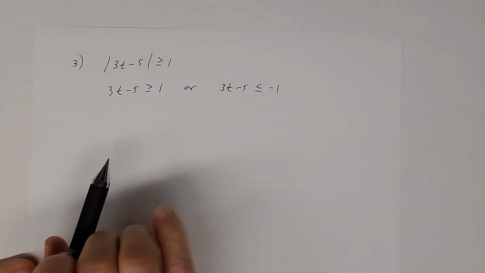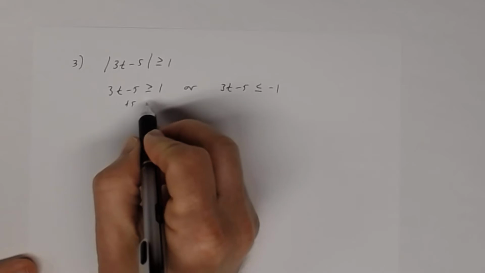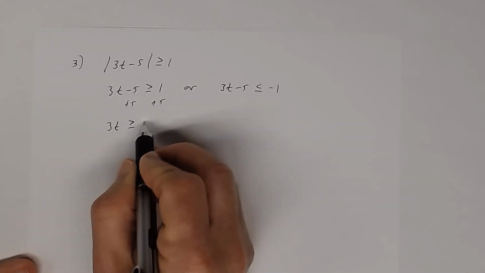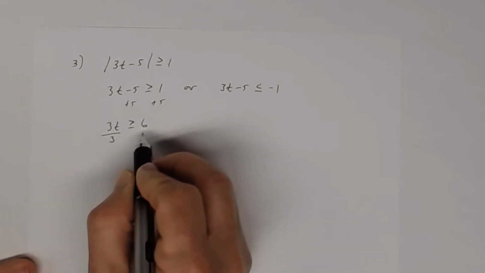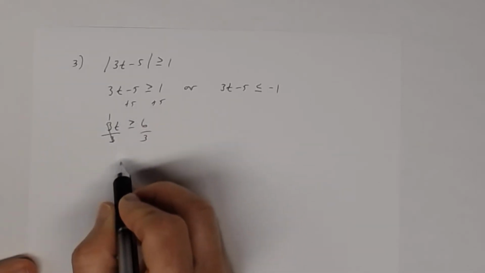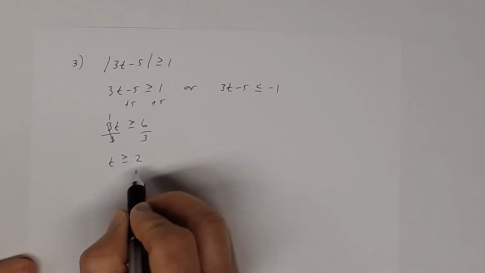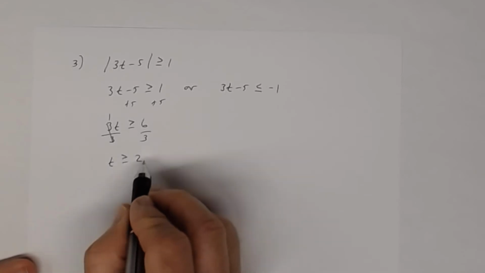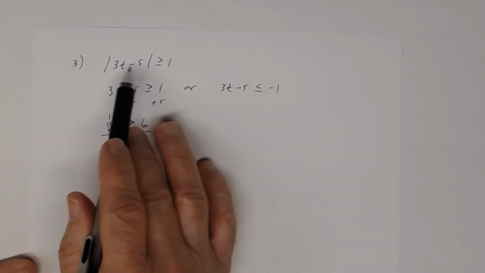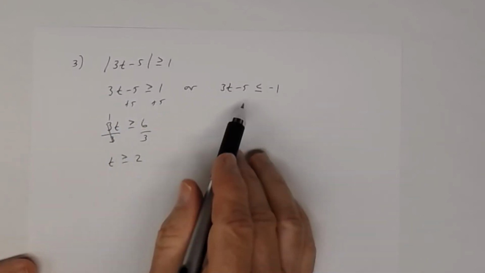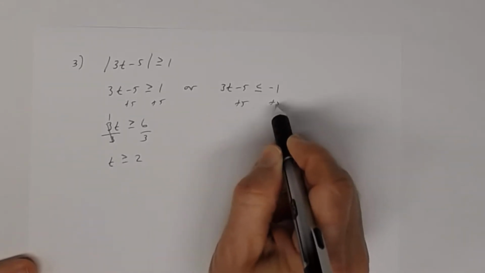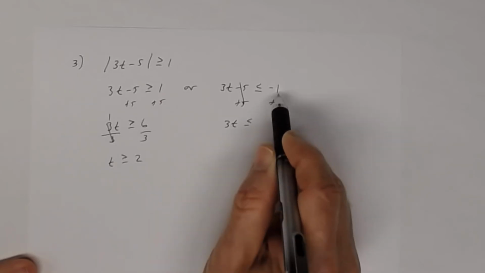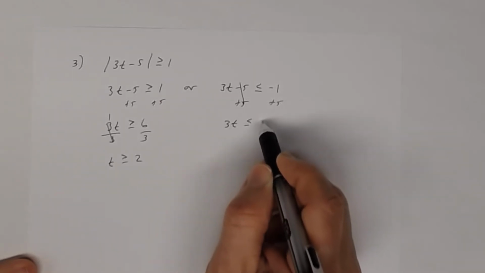And then you solve each of those inequalities. So we're going to add 5 to both sides. So I get 3t is greater than or equal to 1 plus 5 is 6. Divide both sides by 3. 3 divided by 3 is 1. I get t is greater than or equal to 2. So any real number greater than or equal to 2 will make this inequality a true statement. Over here, if I add 5 to both sides, combine like terms, I get 3t is less than or equal to negative 1 plus 5 is 4.